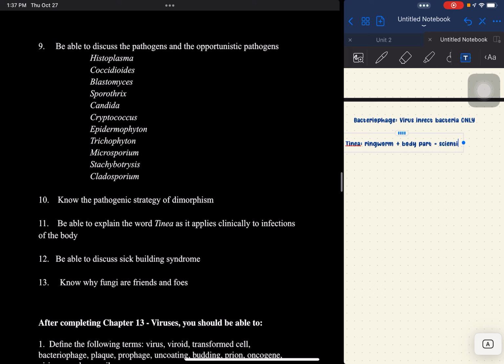Then they decided to make it more scientific sounding, so they came up with species names for tinea that were the parts of the body being infected: tinea corporis, body; tinea capitis, head; tinea barbae, the beard of men; and so on. That's what I want you to know about that.